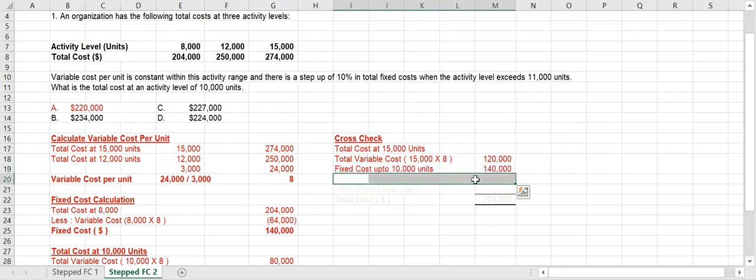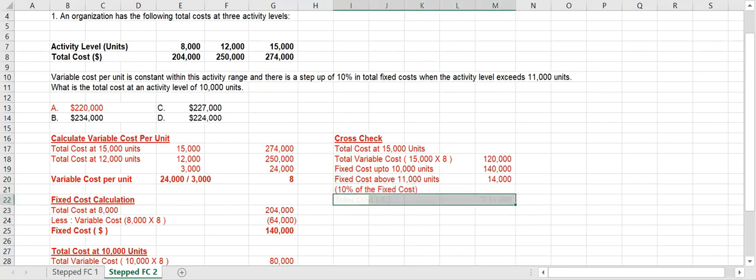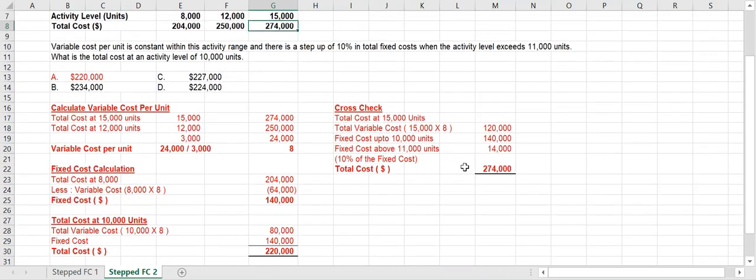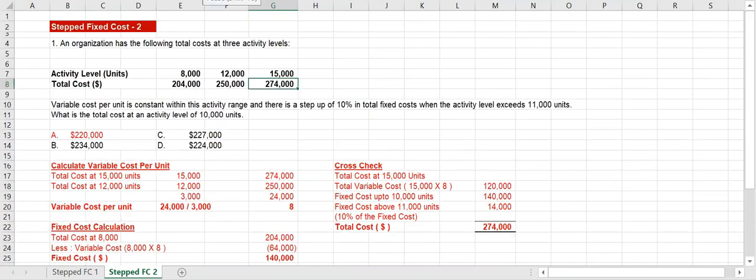Then above 11,000, the fixed cost will increase by 10%, which is 140,000 times 10%, which is 14,000. Because we need to add that step fixed cost, you will get 274,000, which is exactly equal to the total cost given in this question. So this is how you cross check the answer.